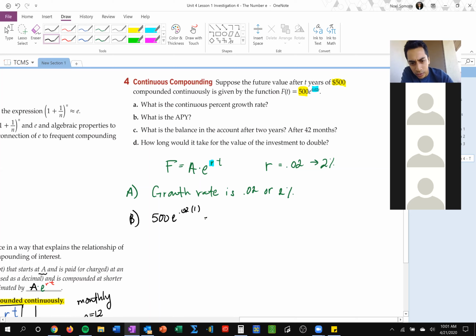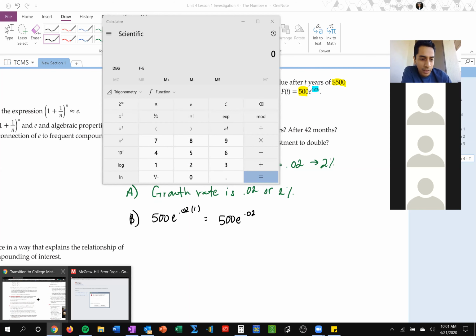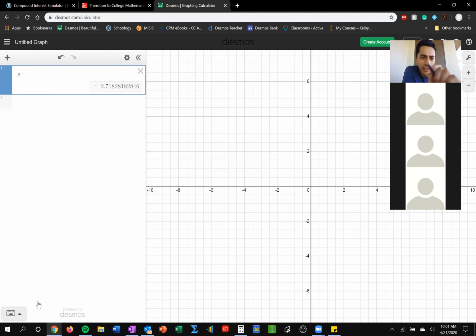So here's where we get to utilize some of this. We're going to use e. I have it already built into my calculator, but let's do it through Desmos because we can all access that at least. If I type in e into Desmos, it automatically generates the approximation for the e value.